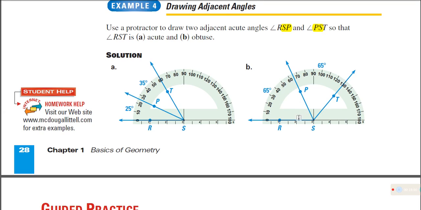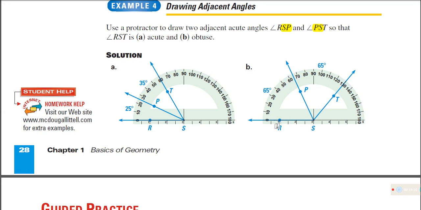Dito naman sa kabila, again, i-identify mo muna yung common na side. And then, pag na-identify mo na yung common side, mag-focus ka dun sa dalawang sides pa nung kabuuan ng angle. So, we have SR at saka ST. So, si SR at si ST should be greater than 90 degrees.